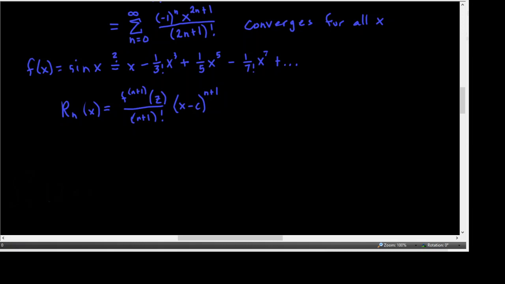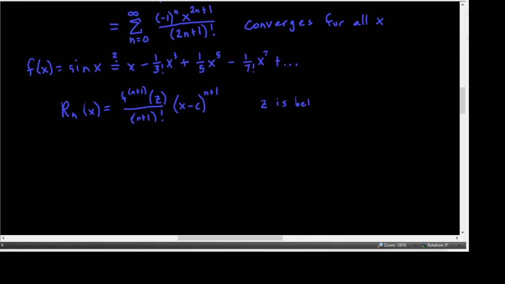And because it's convergent, we know that the remaining part is equal to that infinite series. The rest of it is equal to this term for some number z, where z is between x and c.